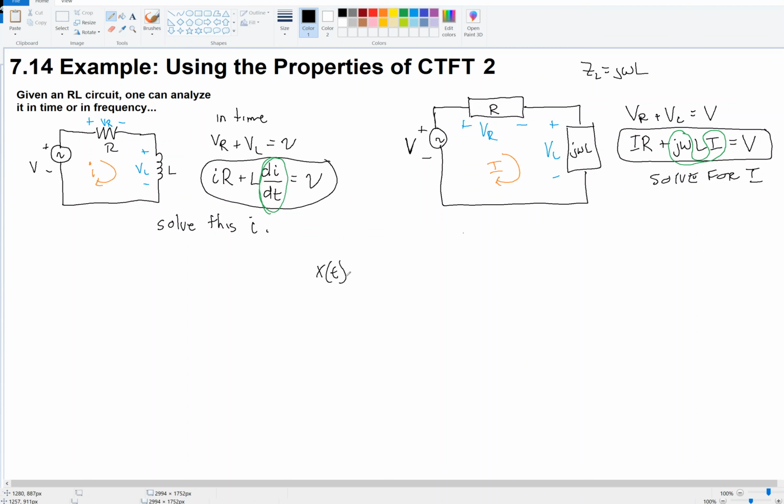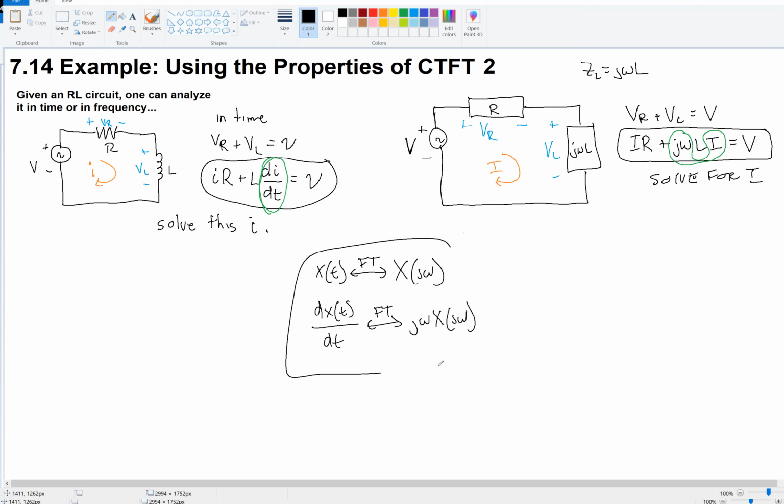And I'm going to write the differentiation property down again. If x of t has Fourier transform capital X of j omega, then the derivative of x of t has Fourier transform j omega times X of j omega. This is the differentiation property that we covered. So look at what we did.